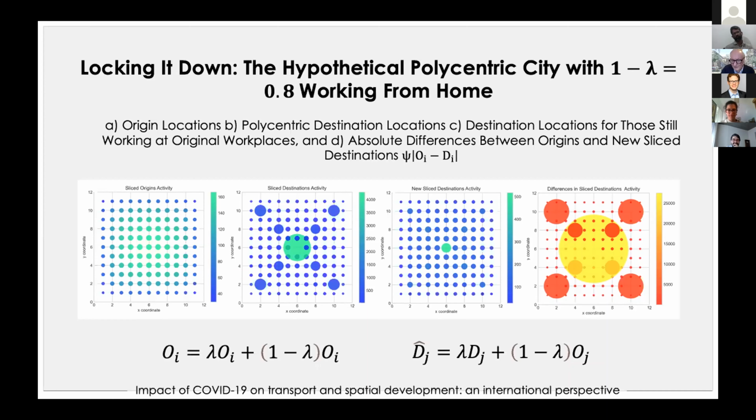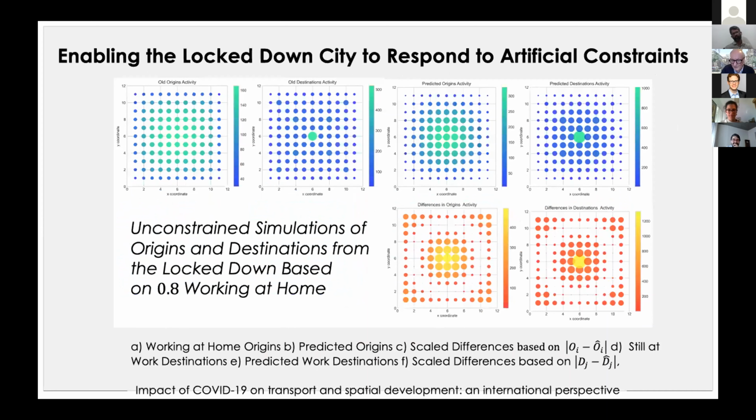Once we've got a picture of a certain amount of people working from home, and we can vary that from no people working at home at all, which is the existing situation, to everybody working from home, we let the model adjust. On the top left, we have where people are living at home and also working at home.